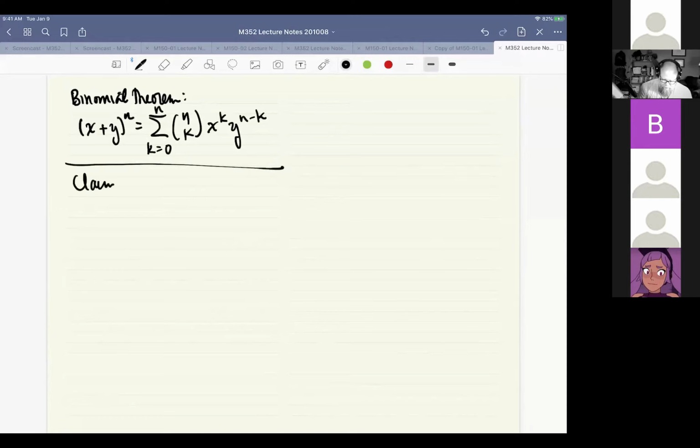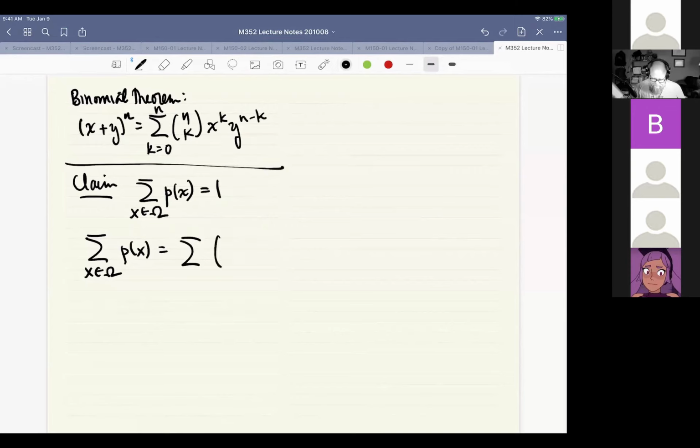Okay, so we want to show that the sum over all outcomes in our sample space of our probability mass function equals 1. So our probability mass function is n choose x times p to the x times 1 minus p to the n minus x, where x is an outcome.